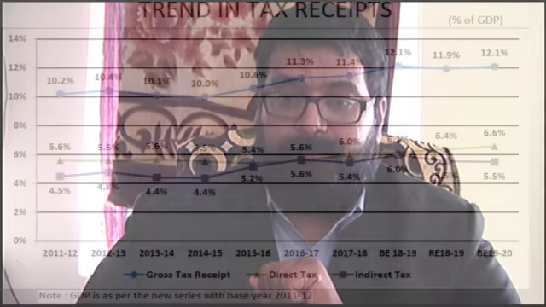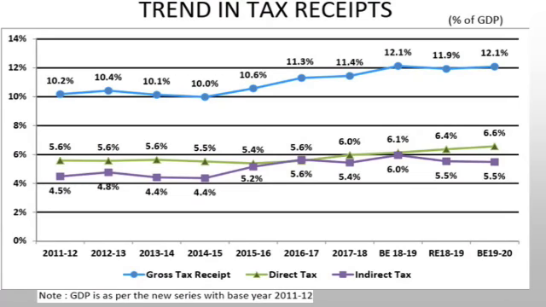Now let us try to understand very quickly what the trends in tax receipts are, how the tax receipts are increasing. Let us understand this with a graphical representation. How is the trend in taxes? Friends, there are 3 figures if you see the graph. The top one, the line in light blue color with circles, is the gross tax receipts.